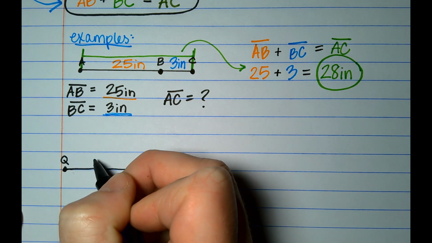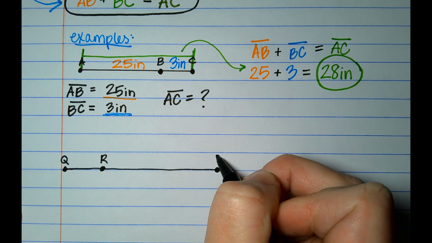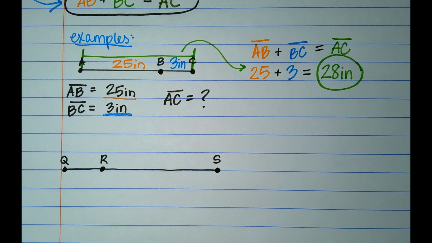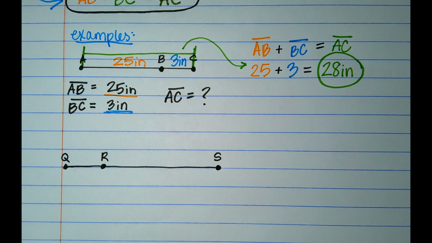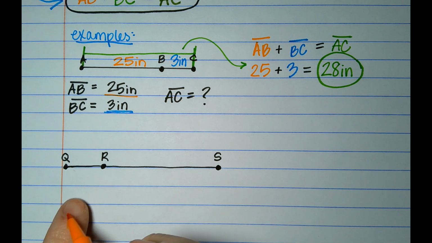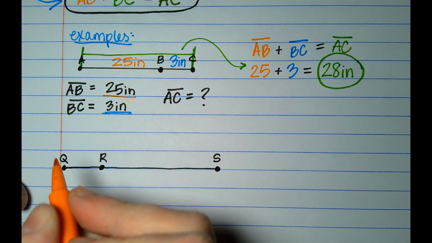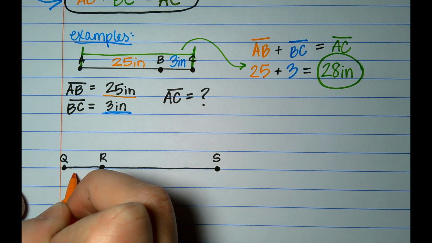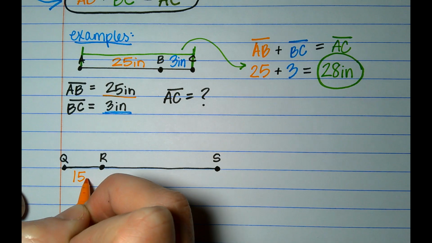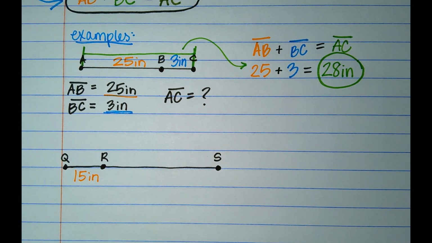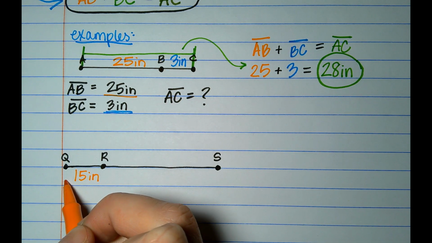Q, R. Let's say QR. This time I'm actually going to just label the picture from the get-go. Let's say this is 15 inches from Q to R.